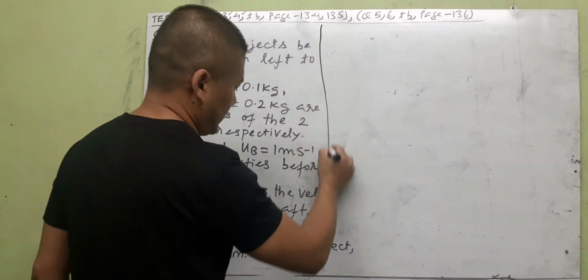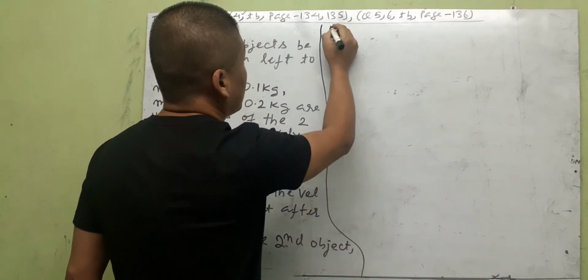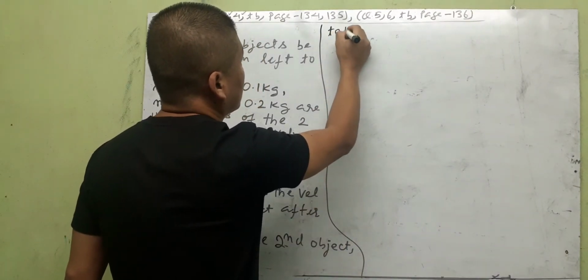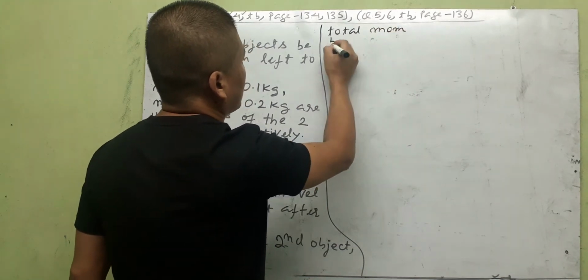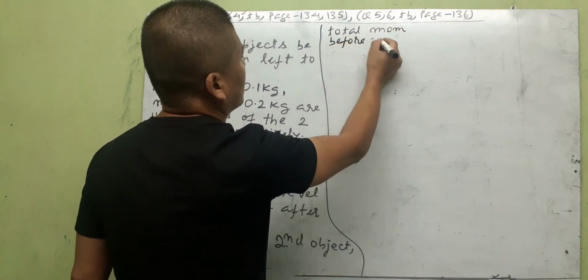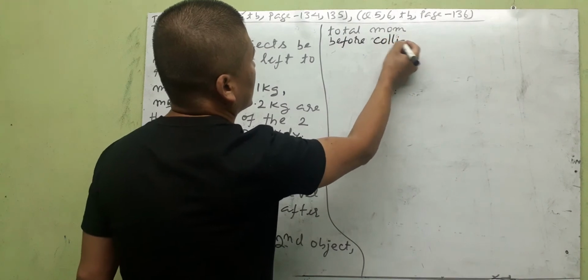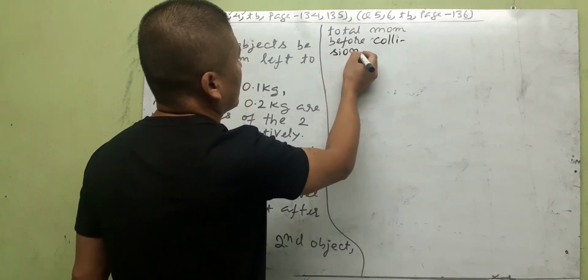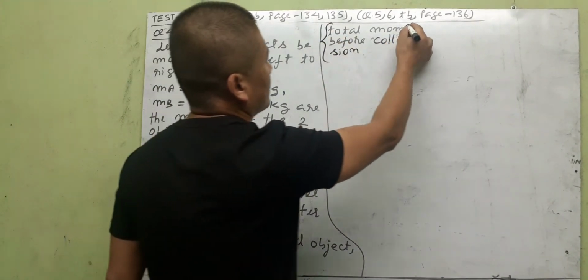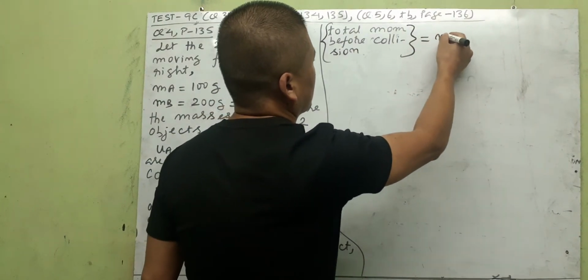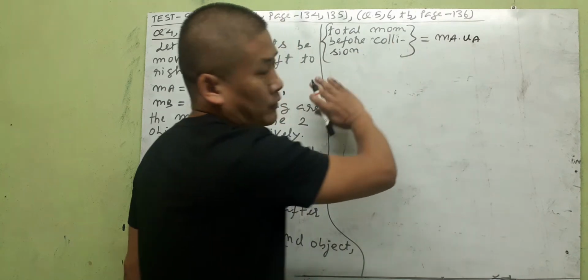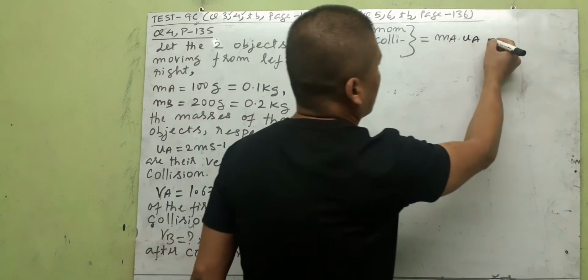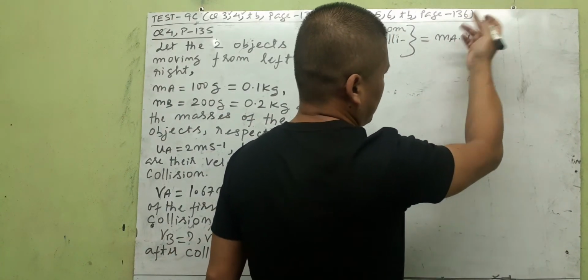Now we know this very clearly. The total momentum before collision is mass of first object into UA plus mass of second object into UB. Always U is before collision, V is after collision, and mass into velocity is momentum, right?